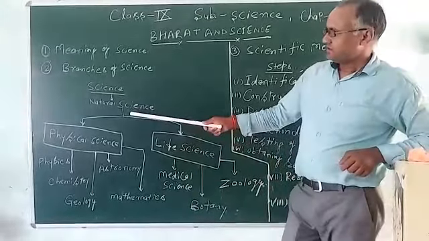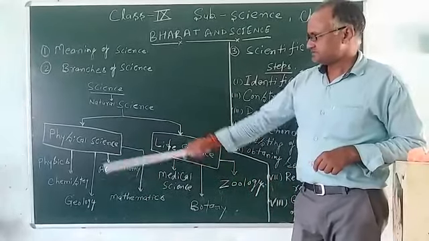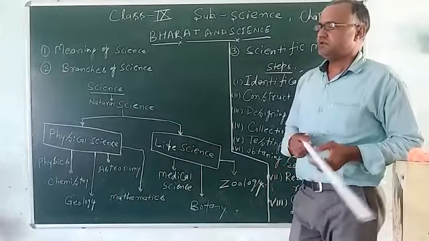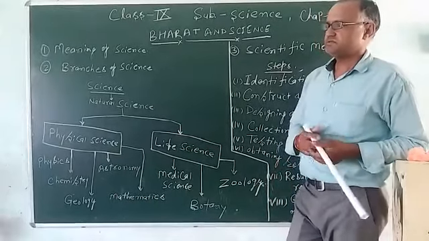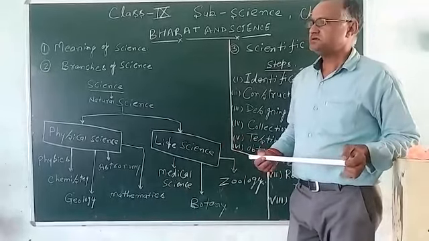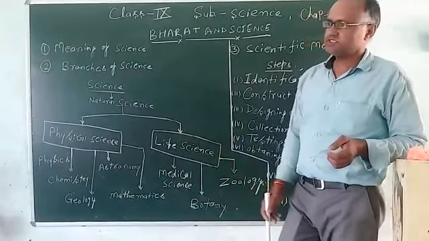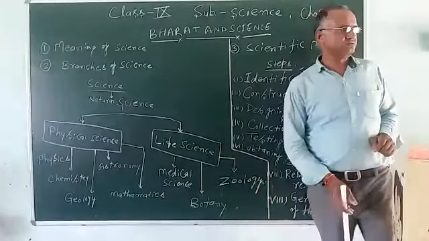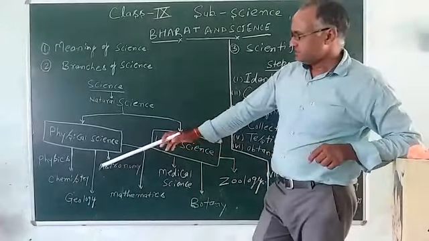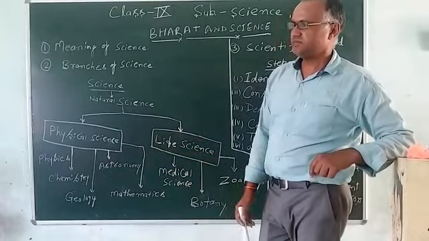Now, I summarize it briefly. In physical science, physics means non-living things, about the atoms, electrons, like that, electric circuit, we study in physics. Then chemistry, all the chemical reactions which are occurring in our nature, studying about the chemicals is known as chemistry.